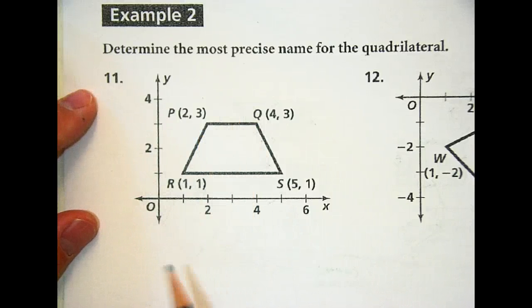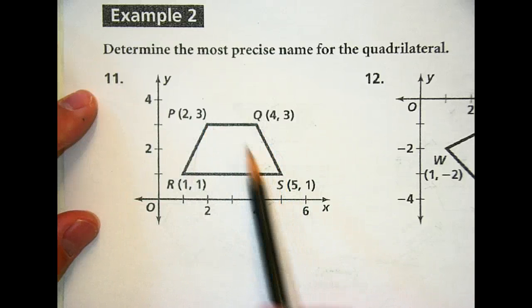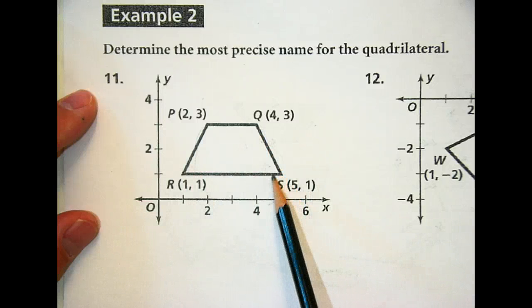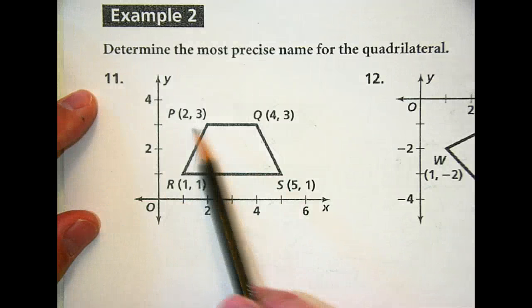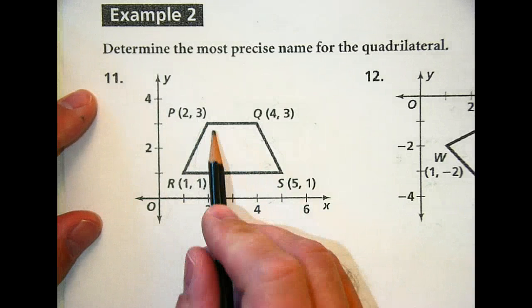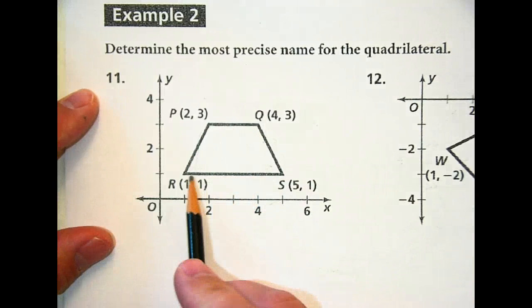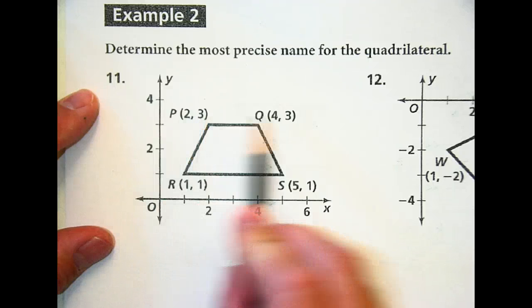Now, how many of you found the distance of these? How many figured out they were congruent in some way? How many of you found the slope of these lines? What is the slope of line PQ? You go change in y over change in x. So change in y is what? 0, right?